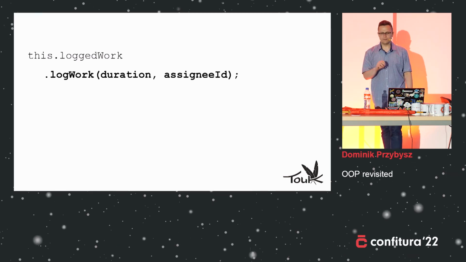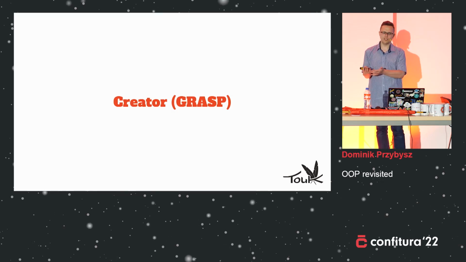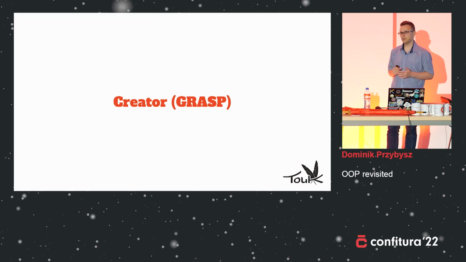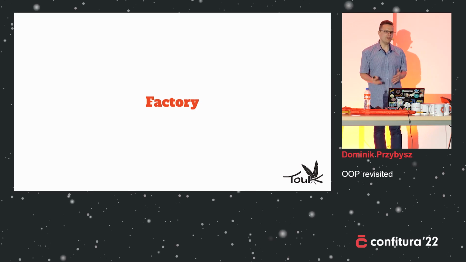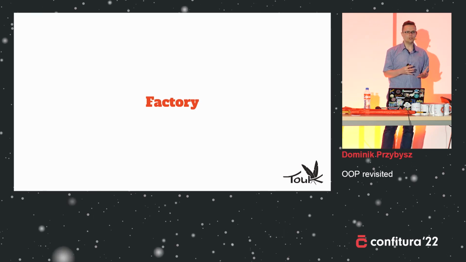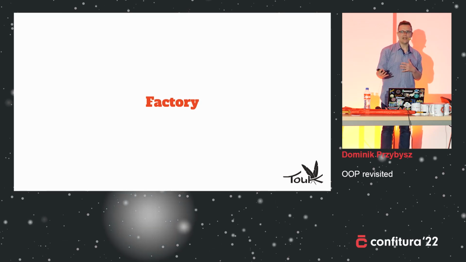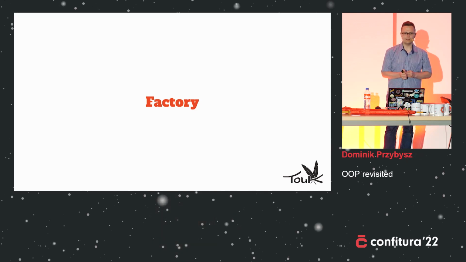Okay, here it's also crucial, I think it's worth mentioning, to think about creators in our code. In terms of GRASP, we very often think about them as some kind of factories. And when we think about factories, we think about an object which creates some object, for example, a specific subtype for some complex parameters.